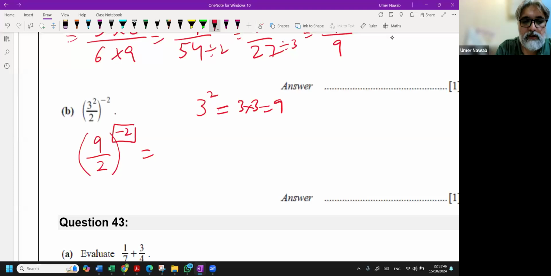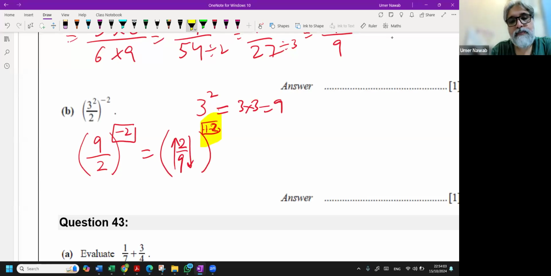When I change the negative power to the positive power, you have to flip, take the reciprocal. So 9 over 2 becomes 2 over 9 with a positive power. So it is equal to, as you can see, 2 over 9 squared.